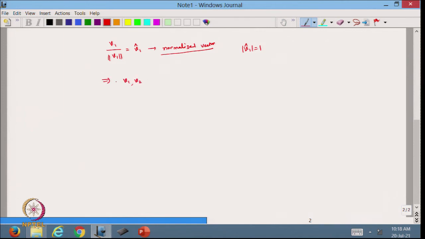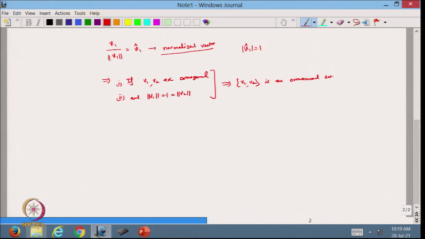Now, if vectors V1 and V2 are orthogonal, first, and second, the magnitude of V1 is equal to 1, which is equal to the magnitude of V2, that is, the length is 1, then from these two we call the set V1 and V2 an orthonormal set. Ortho comes from orthogonal, and normal means it is normalized.